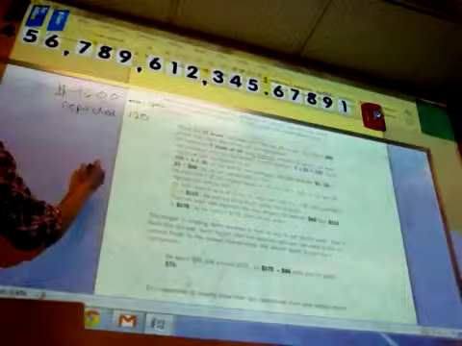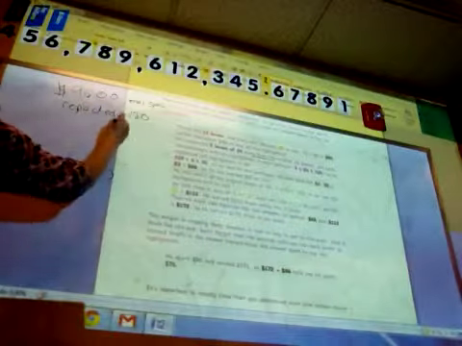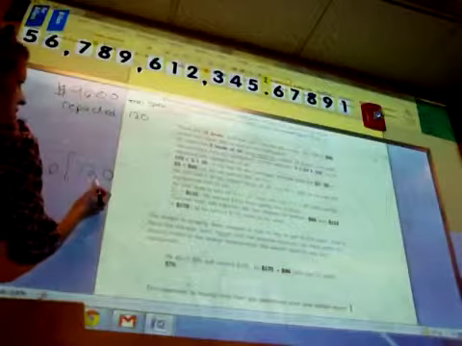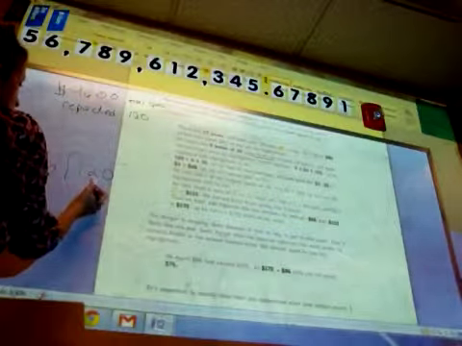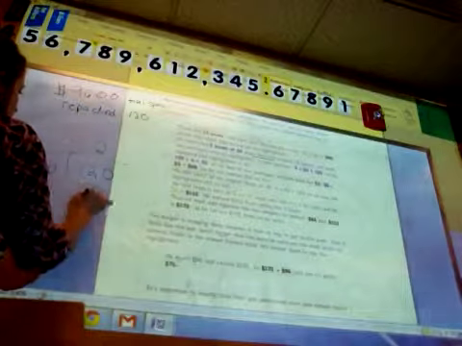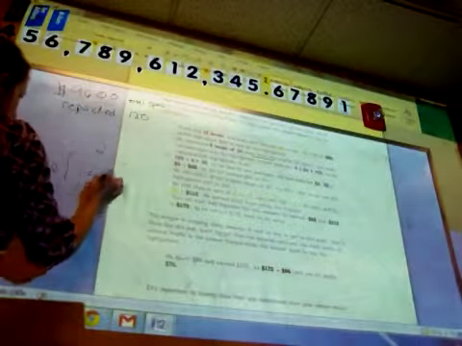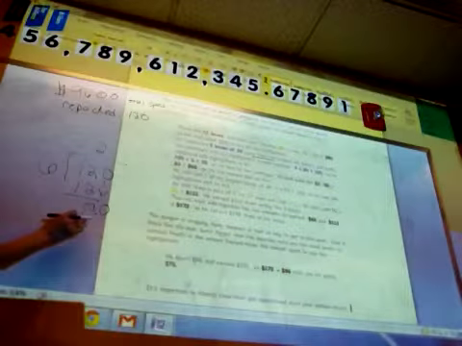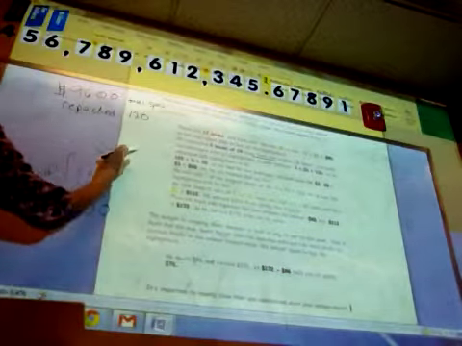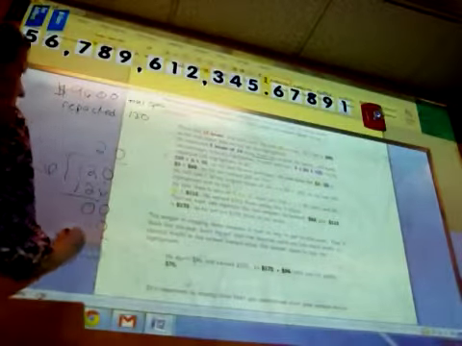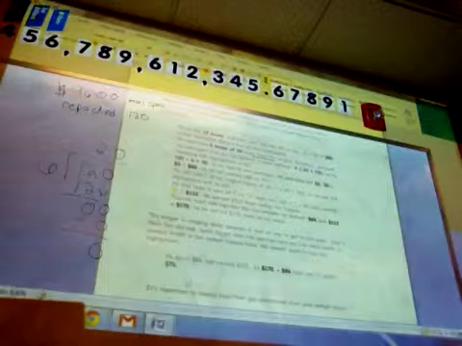Divide. 120 divided by 6. 6 can go into 12 2 times. 2 times 6 is 12. 12 minus 12 is 0. Bring down my 0. How many times can 6 go into 0? 0 times. 0 times 6 is 0. And I end up with a remainder of 0.